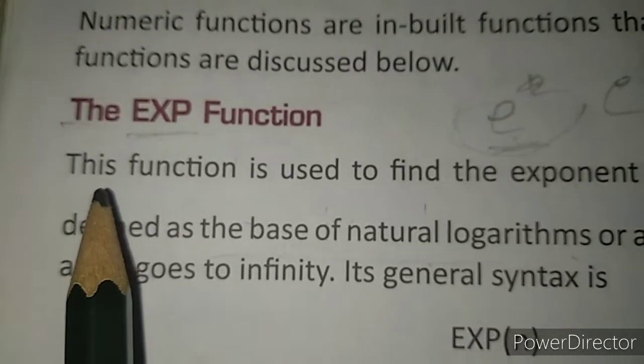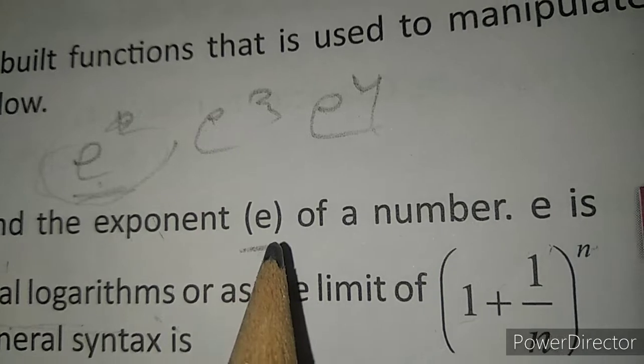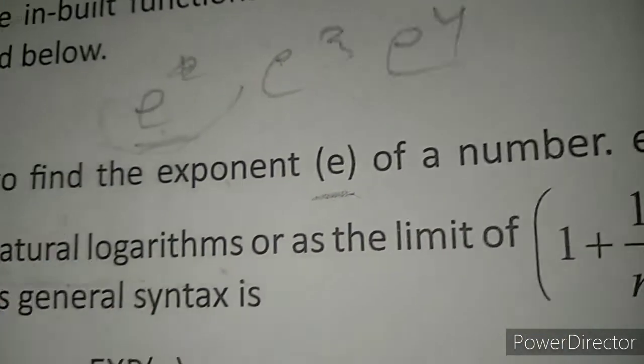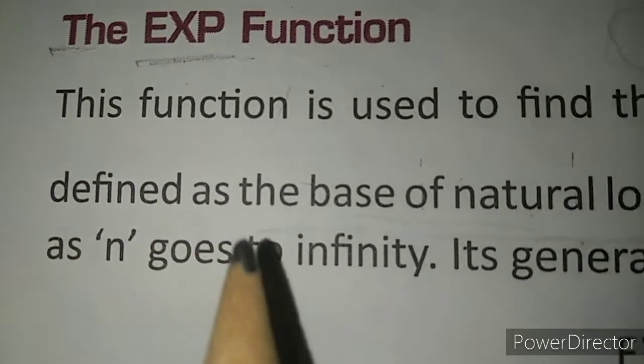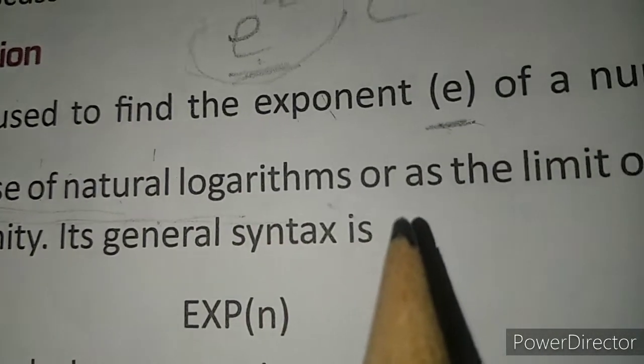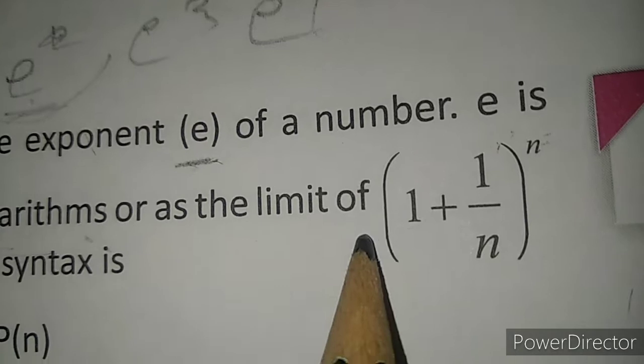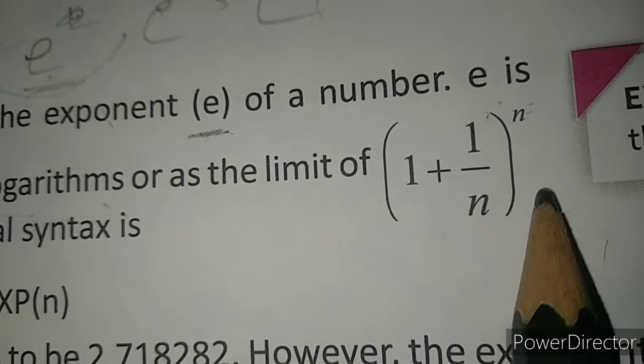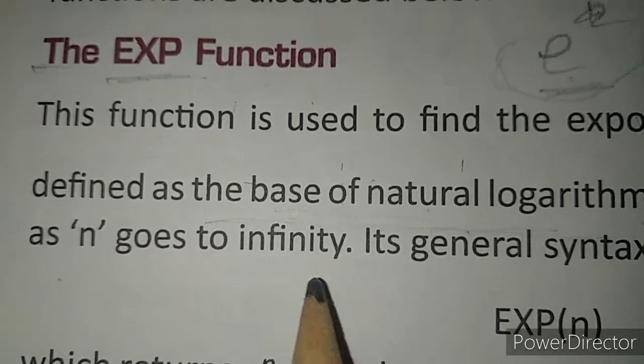So here, this function is used to find the exponent e of a number. E is defined as the base of natural logarithm or as the limit of 1 plus 1 upon n raised to the power n, as n goes to infinity.